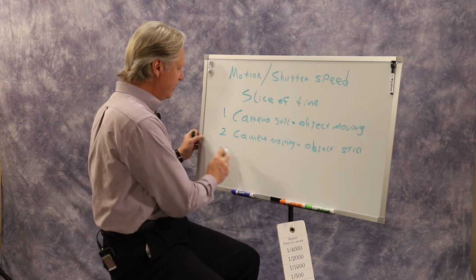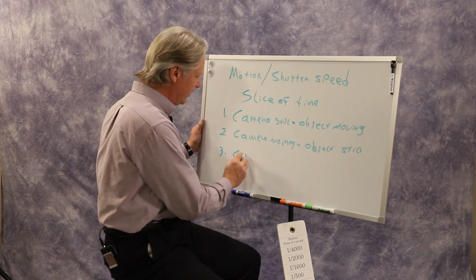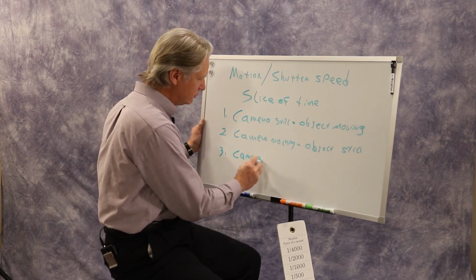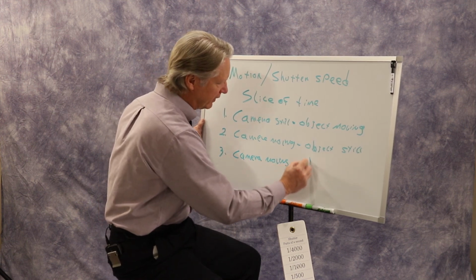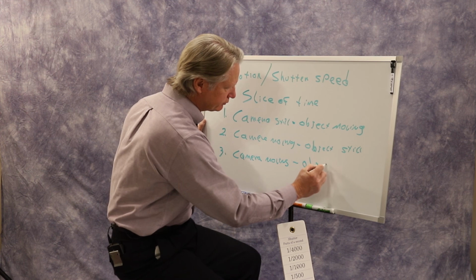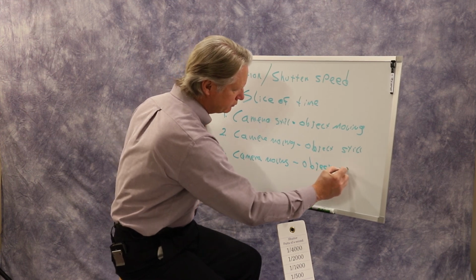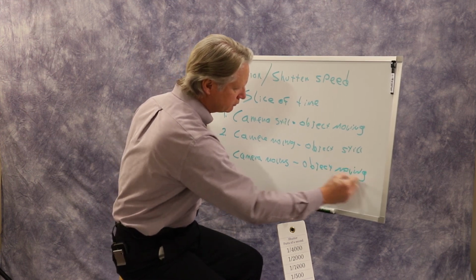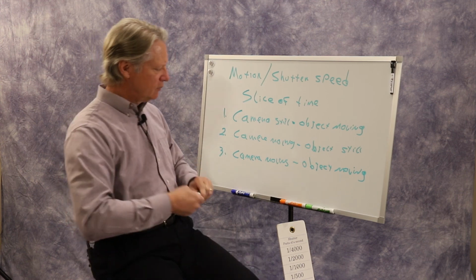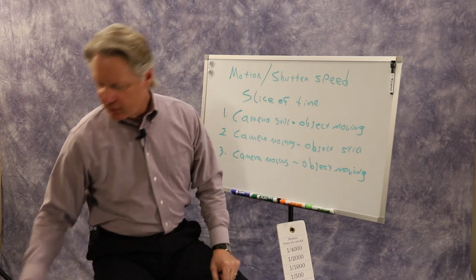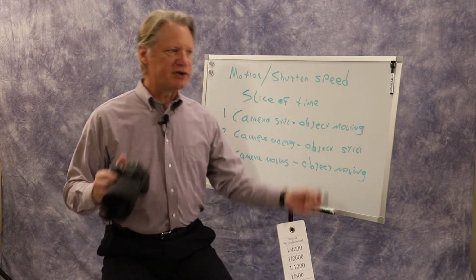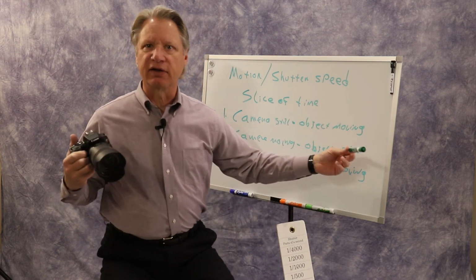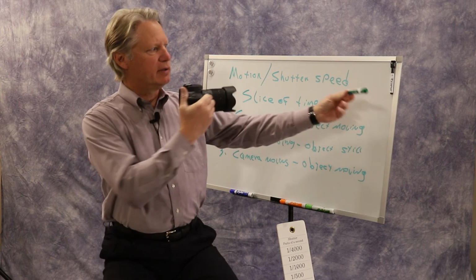And number 3, you got it, camera moving, object moving. Now, I'll do some of these, but you're going to have to do those on your own. So I want you to think about somebody riding their bicycle down the street.